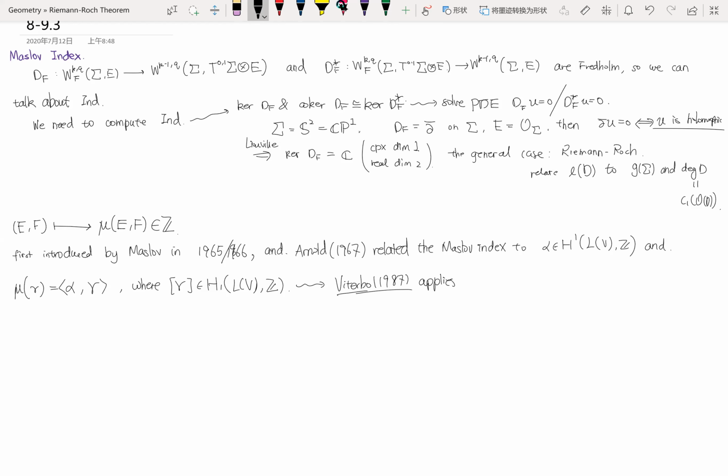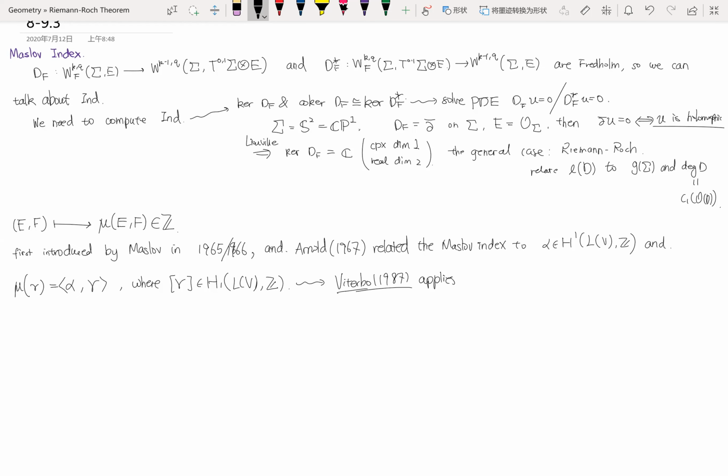So we were concerning the intersection of two Lagrangians, and we assigned an index to the two points. That is, if they are x and y, then we assign the index mu(x,y) to this pair of points.